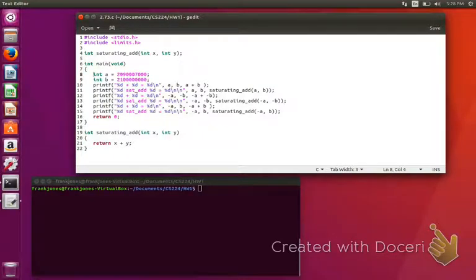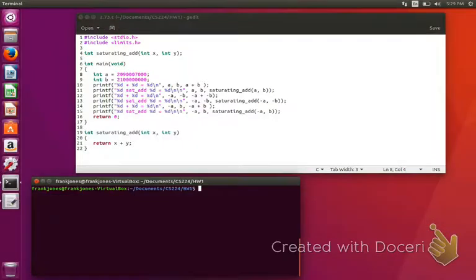Okay, and then after that, you see me flipping the sign, negative a and negative b, and then finally flipping one of the signs so that we have operands of different signs, negative a and positive b. You get the idea.